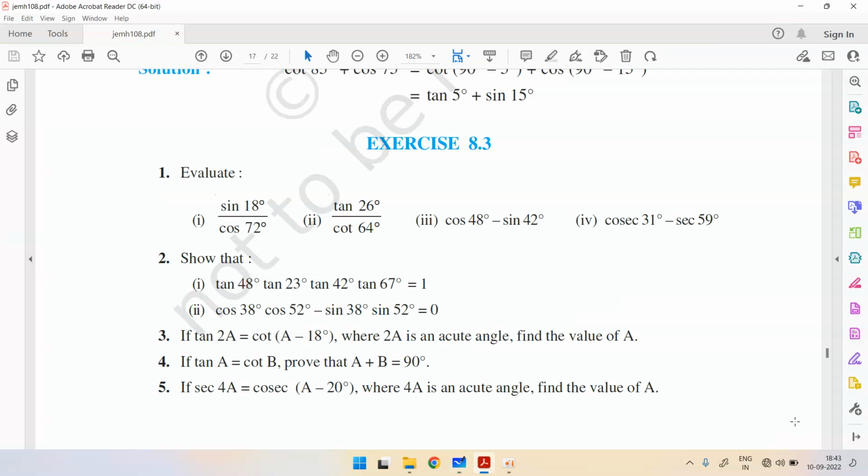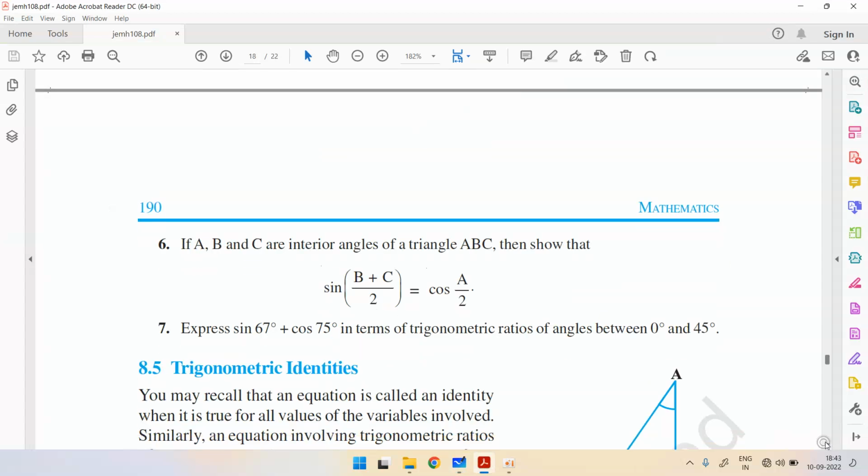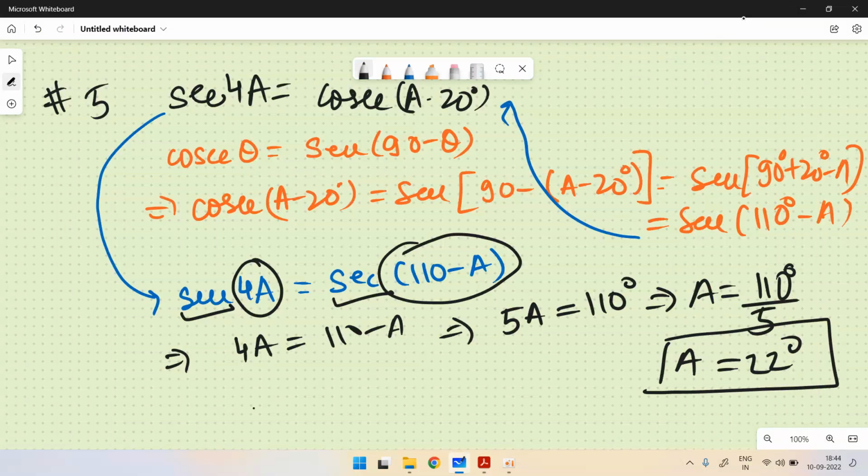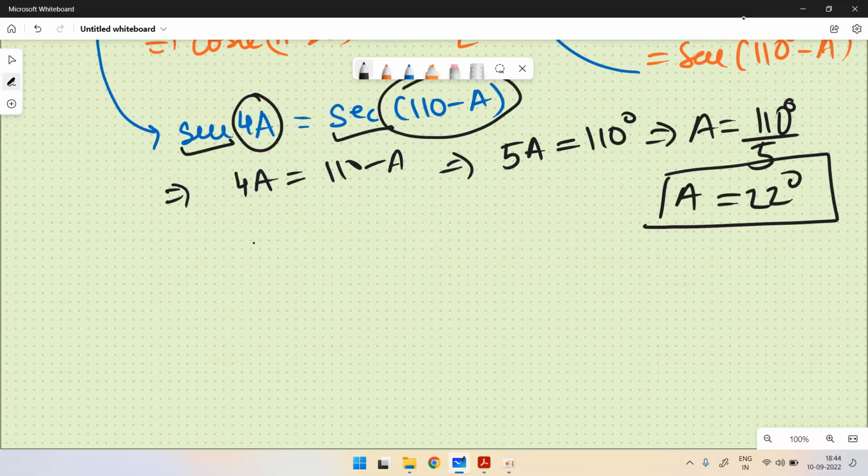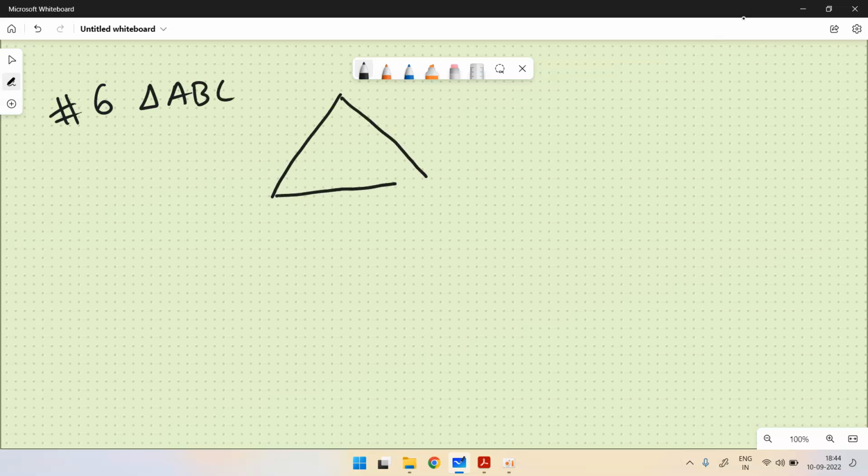And now the sixth question is: if A, B, C are interior angles of a triangle ABC, then show that sine of (b plus c) by 2 equals cos of a by 2. First, we need to draw this triangle to get an easy impression.